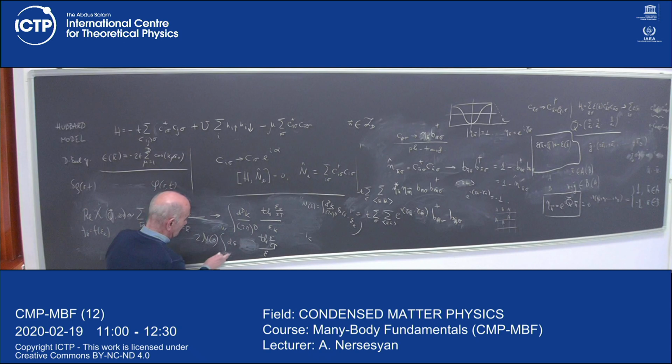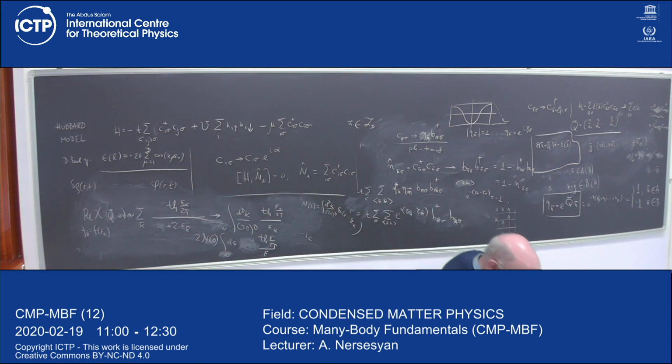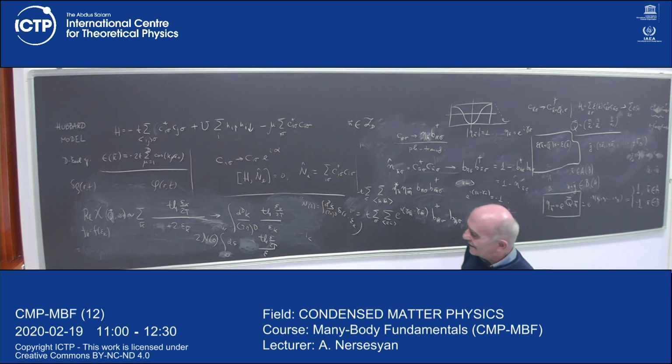I don't care about the coefficients. The integration is from 0 to W. What is the answer? Who can anticipate? You have already some experience in doing integrals like this. Who can guess what kind of integral we are having here? What is this?